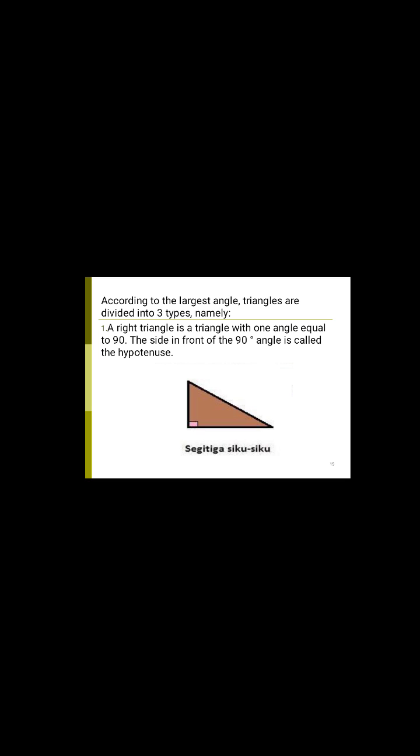According to the largest angle, triangles are divided into three types, namely: first, a right triangle is a triangle with one angle equal to 90 degrees. The side in front of the 90 degree angle is called the hypotenuse.